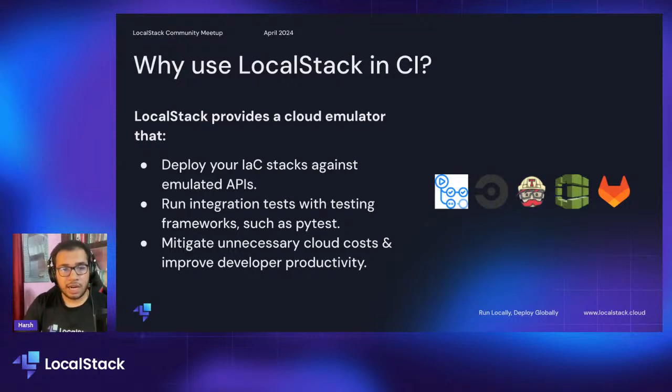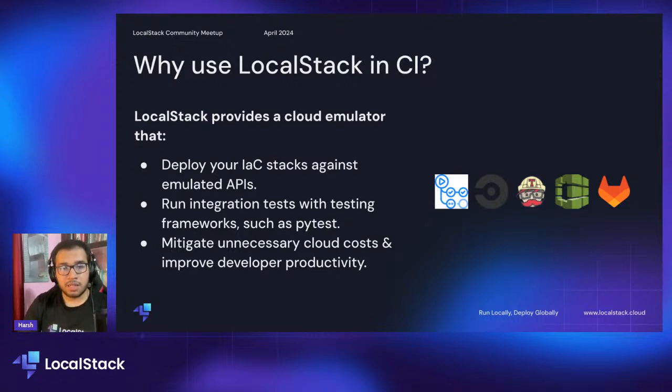With the LocalStack cloud emulator, you can directly deploy your infrastructure as code stack. Things like CDK or Serverless Framework or CloudFormation or Pulumi can be deployed, and you get a real good validation about how valid your infrastructure as code stack really is.